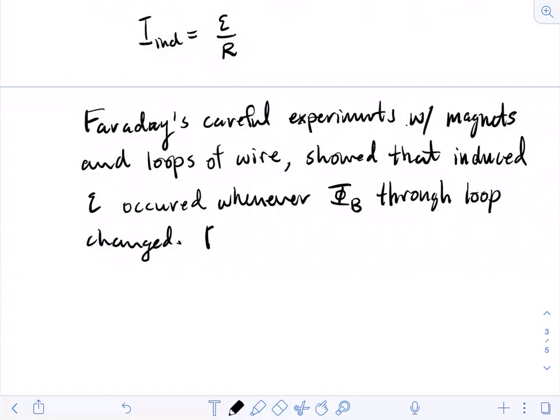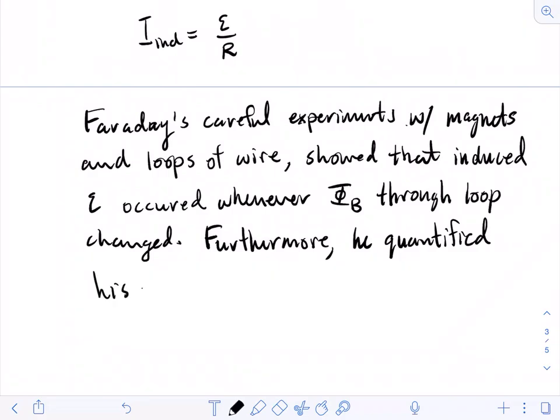Okay, so he did more than that. That's a qualitative observation. He quantified his observations.